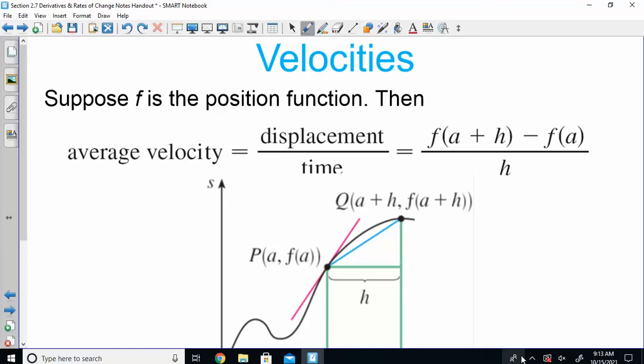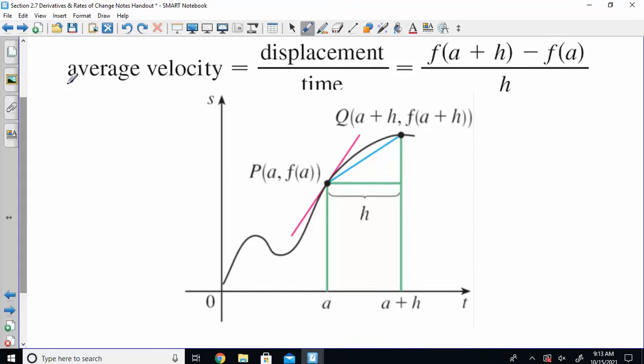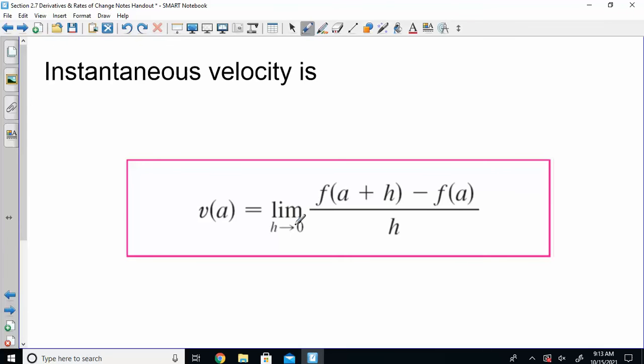To find the average velocities, we could just take 2 points and find their slope. But to find instantaneous velocity, we had to make those tables and see what our slopes were approaching. So this is just telling us the same thing. Velocity is just your displacement or your position divided by time, change in y over change in x. Just speed with direction, so it could be negative. Instantaneous is at a particular point, so that's when you have to do the limit. It's like the tangent line.